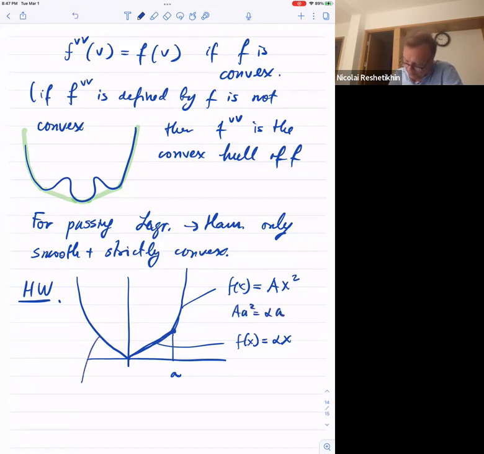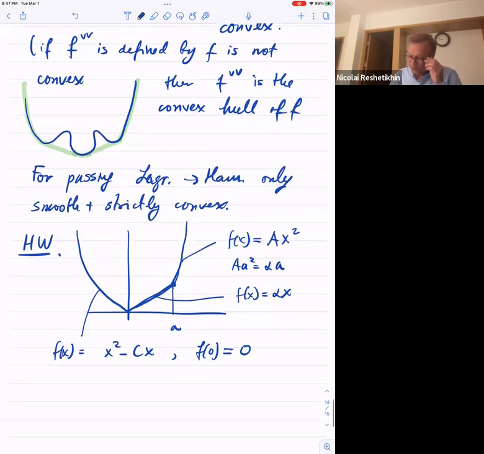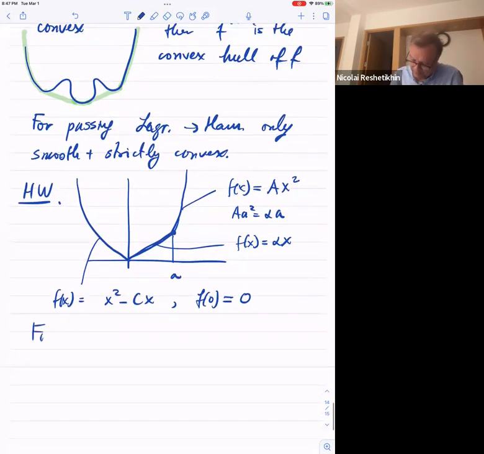And then this is something like f of x is b x squared minus c x, so that f of 0 is 0. Let's say x squared. Just for fun, if you've never done these problems, this will be really nice.